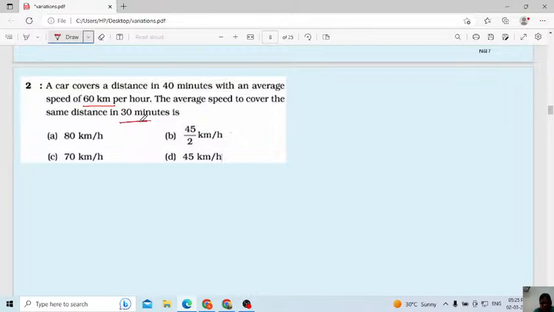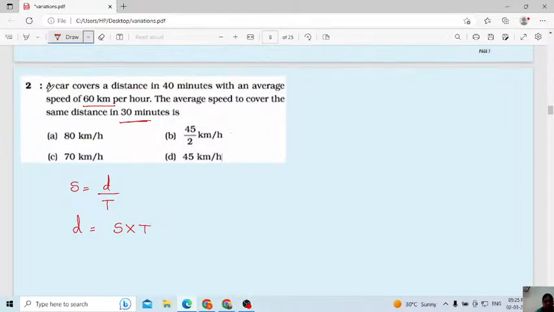You can solve this problem with what we regularly use: speed is equal to distance by time. You have to use that formula. Speed will be distance divided by time. Here, what you have to calculate is the distance. Distance is nothing but speed into time.